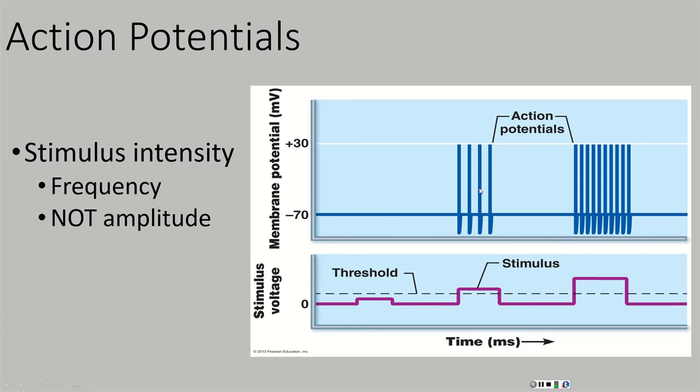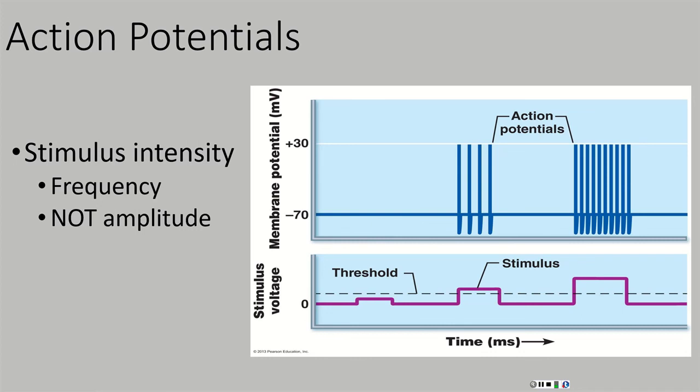Here, weak stimulus. Here, strong stimulus. On the strong stimulus side, we have more frequent action potentials. The neuron is sending an electrical signal very slowly versus the neuron is sending action potentials very frequently. That's the difference.